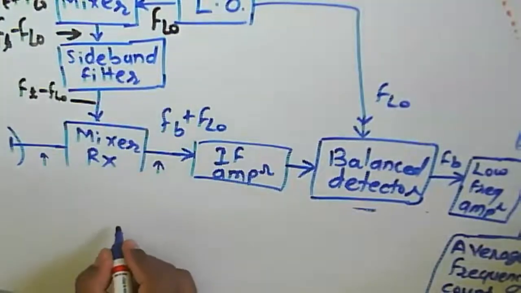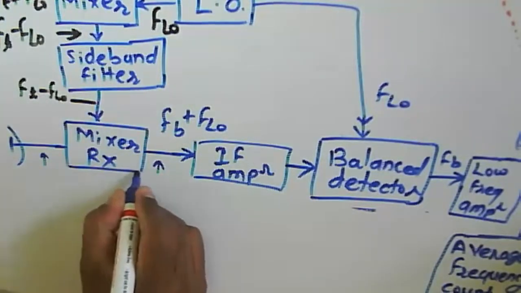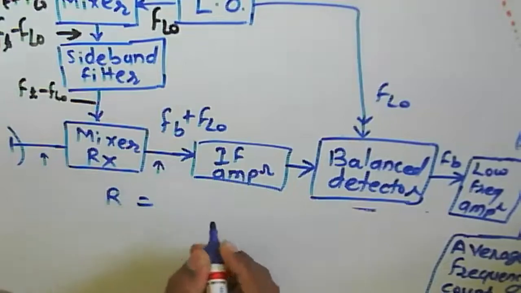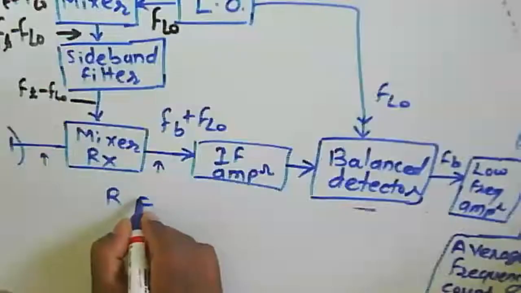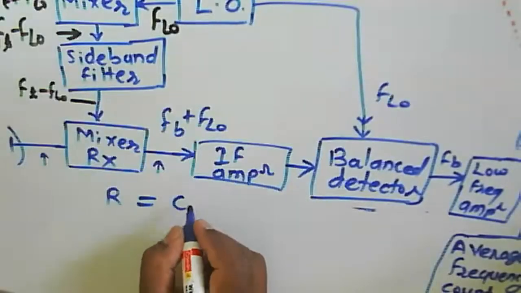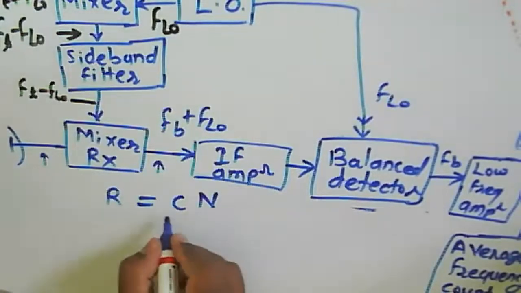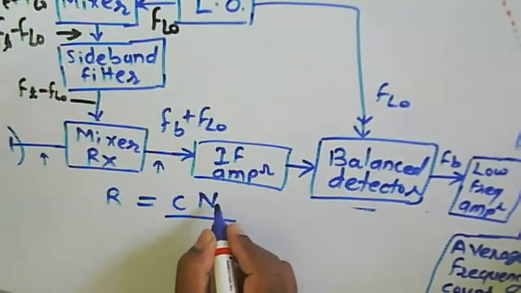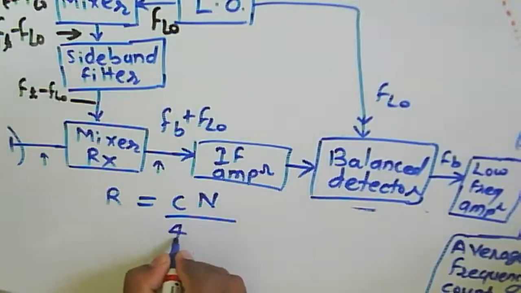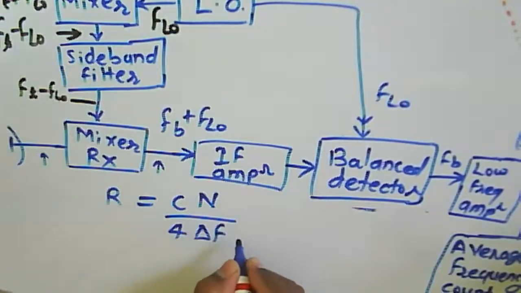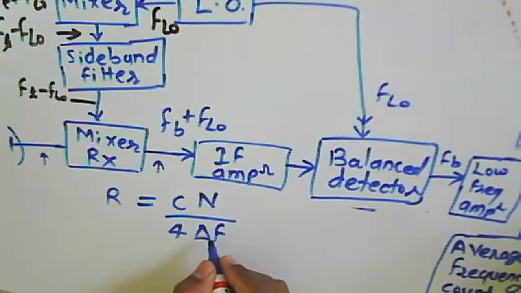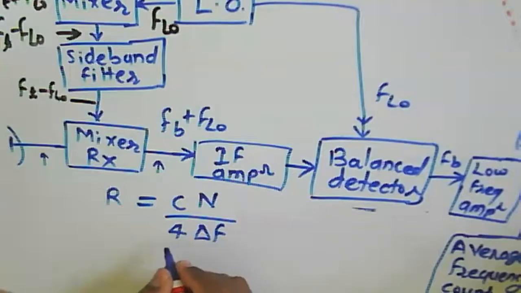Range R is equal to c, the velocity of propagation, times N, the number of cycles, divided by 4 delta f, and that is the frequency excursion, which is to be obtained by varying the beat frequency.